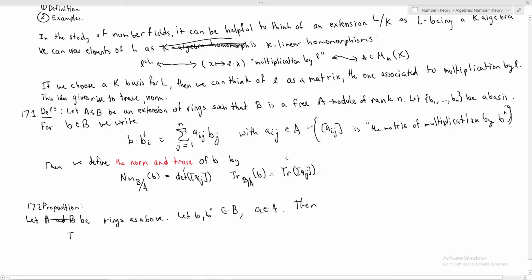Then, what can we say? Trace of B plus B prime. Well, the trace is additive. The trace is A linear.